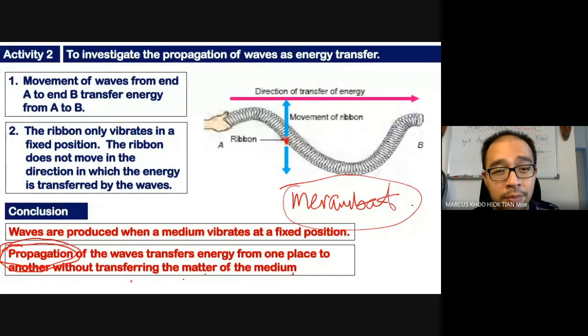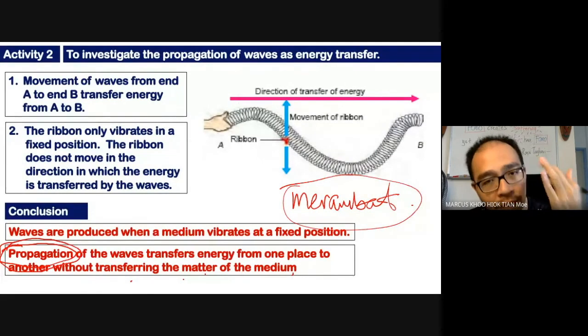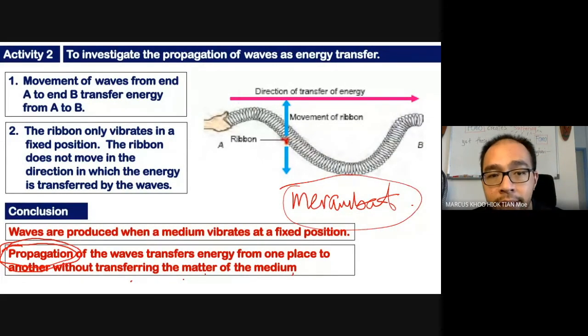That's why this first subtopic is called the fundamentals of waves, because when we go into the next subtopics, all this you should know. Words like propagate, words like oscillate, words like vibration. The understanding that waves transfer energy without transferring matter, the thing that I'm repeating again and again, is something that we need to understand.